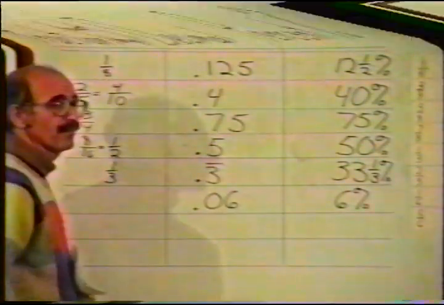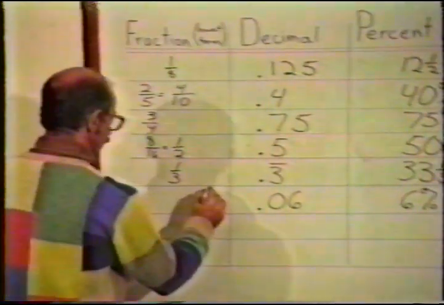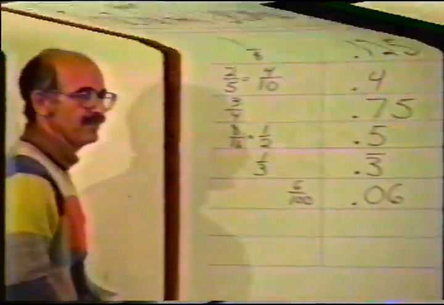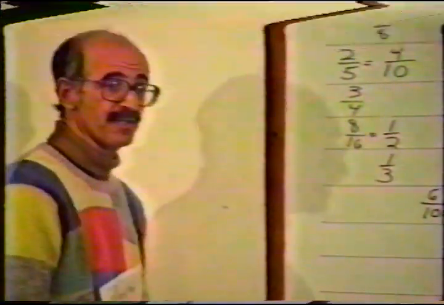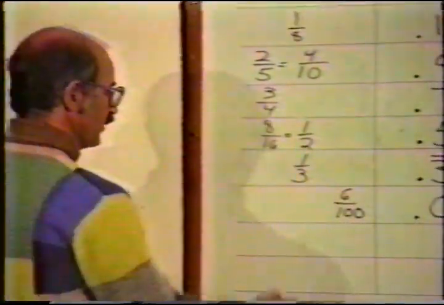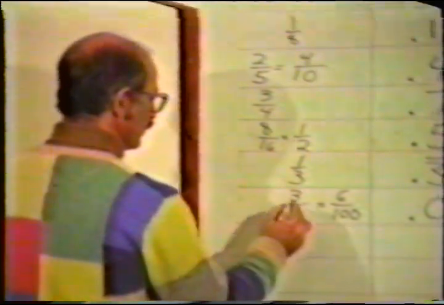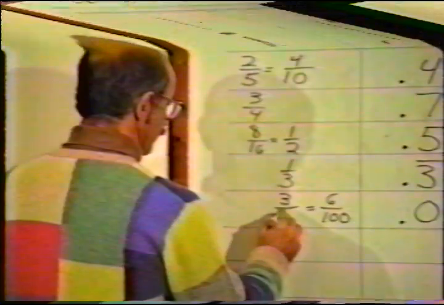How is that number read? 6 hundredths. Can it be reduced? Yes. With what number can we hit both the 6 and the 100? 2. 2 into 6 is? 3. 2 into 100 is? 50.